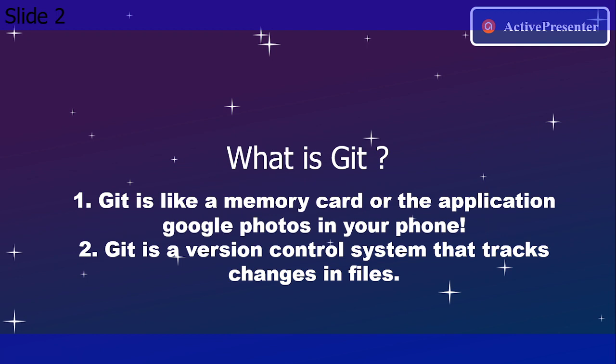So what is Git? Git is like a memory card, or an application called Google Photos on your phone. What this application does, and most of you already know about that, is that every time you take a new photo and you're connected to the internet, it automatically saves it and sorts it. If you have taken photos of 3 different people, those images are placed differently.